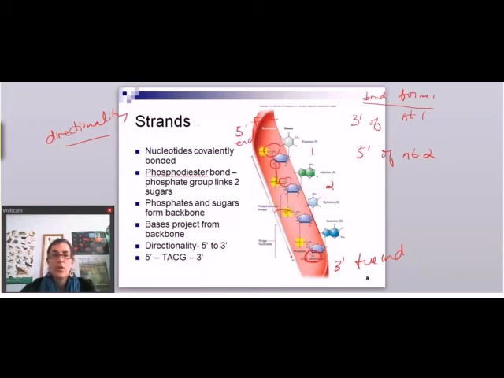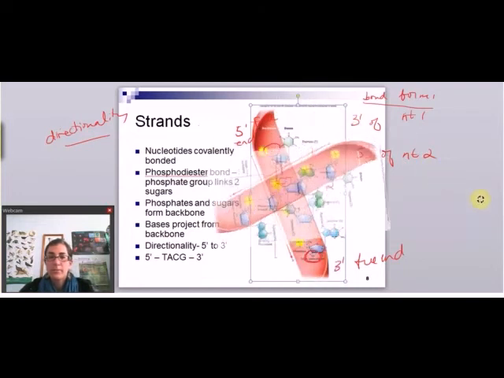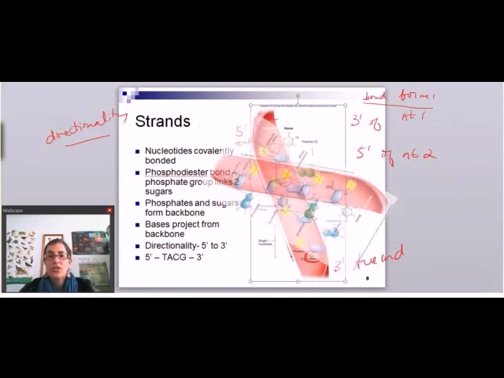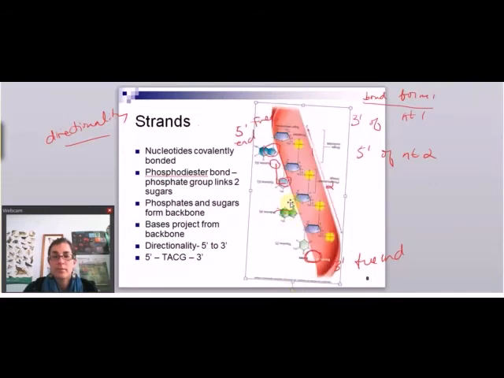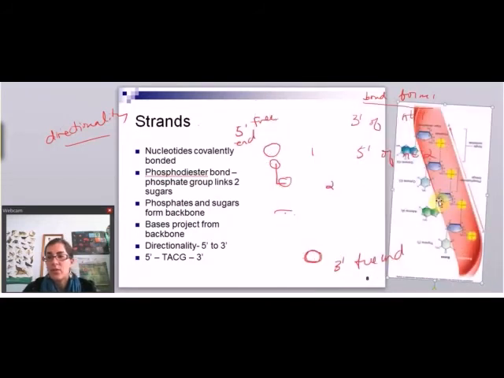If you imagine rotating this molecule, so let me rotate this for you. Right? What was on top will now be on bottom. And let me just move it aside here so we can see it.